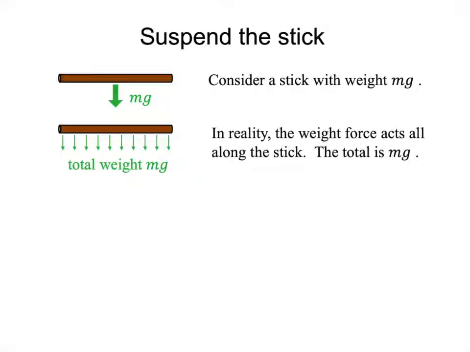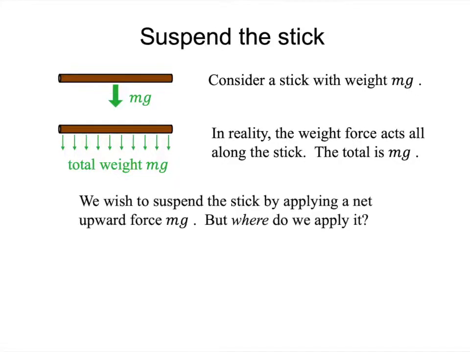Now, suppose we want to suspend the stick by applying an upward force, by holding it up, by perhaps hanging it from a string. We want to exert a force, mg, to counter the weight of the stick. But where do we apply that force? If we apply that force on the left end of the stick, then of course the stick will rotate.